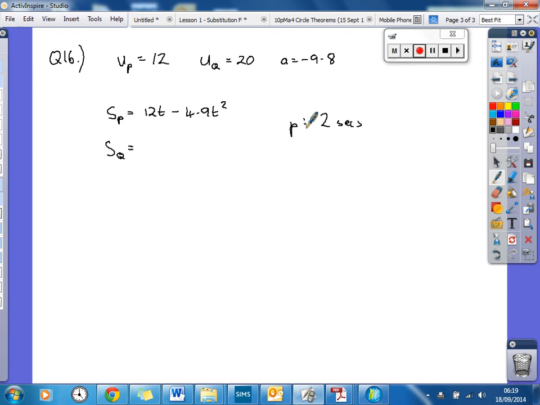Well, it sets off 1 second later, so Q will have been travelling for 1 second. So in fact, it's actually t minus 1, not t plus 1. Q is 1 second behind. And I'm sure a lot of people might have thought it was t plus 1. So those are our two expressions.